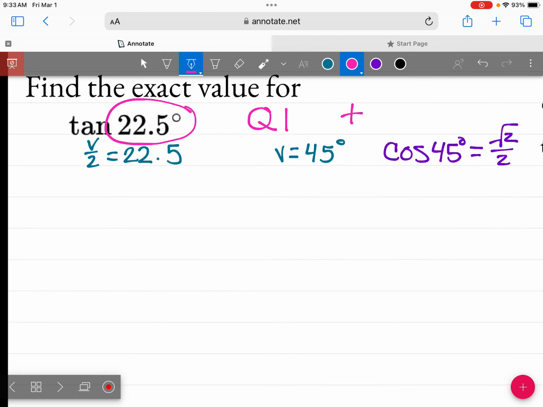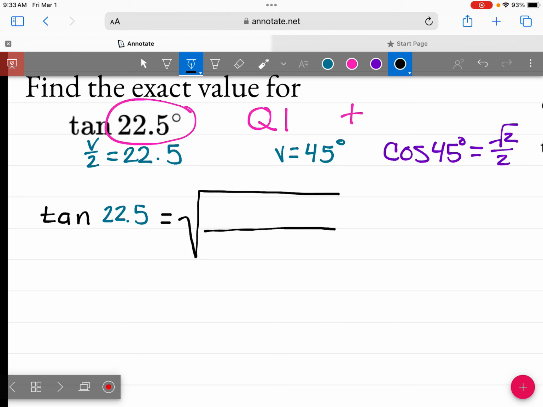So we are going to take our formula and we're going to substitute our values in. Tangent of our 22.5. And again, I'm going to use the kind of gross one that's just got cosines in it.